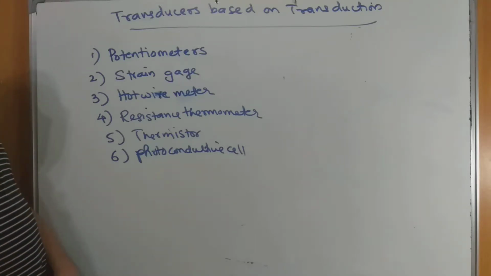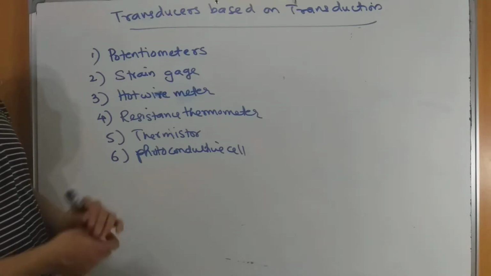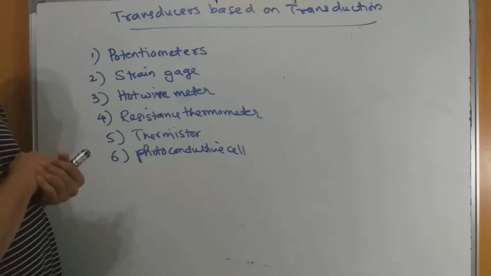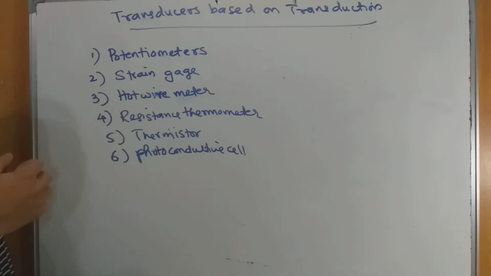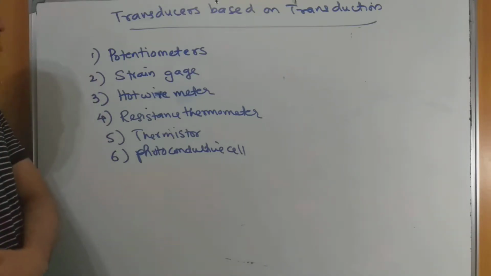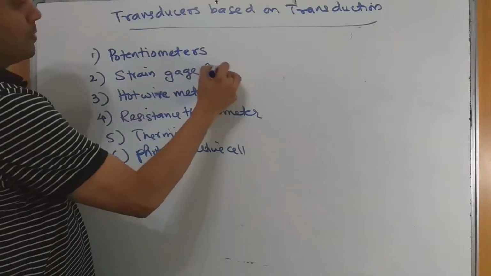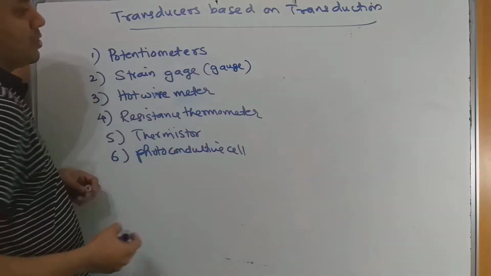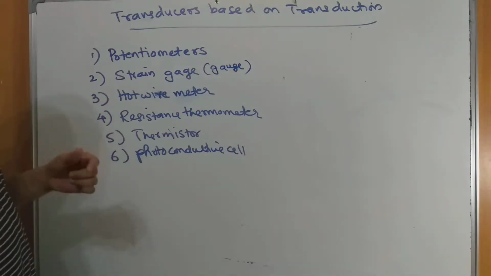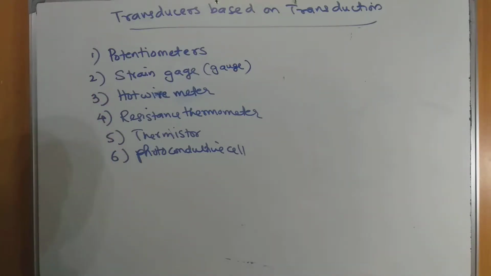So here the main classification we are talking about is resistance based transducers. The input will be a physical form and the output will be in the form of change in resistance. The main common types of these transducers are potentiometer transducers, strain gauge transducers, hot wire meters, resistance thermometers, thermistors, and photoconductive cells.